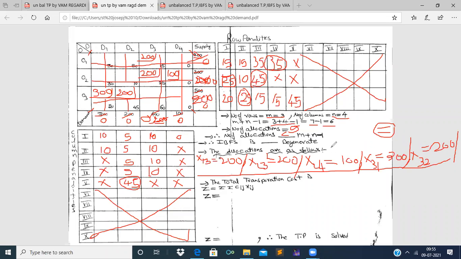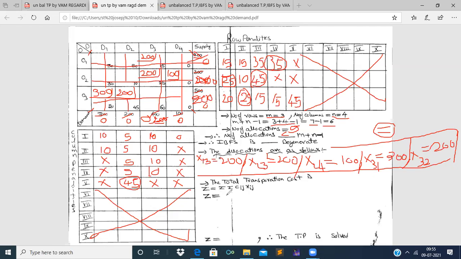Now let us write the transportation cost. The formula for finding the transportation cost is z is equal to the double summation of Cij Xij, the sum of all products of cost and allocations in every cell, right?